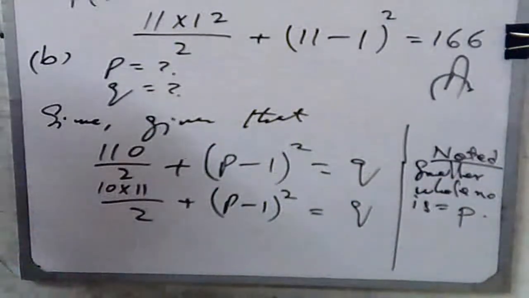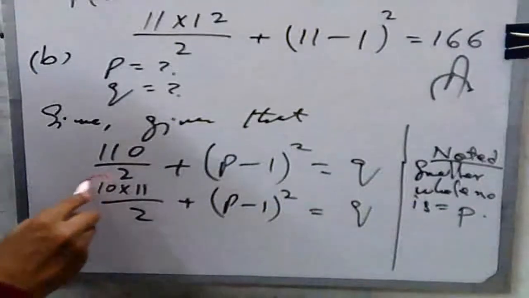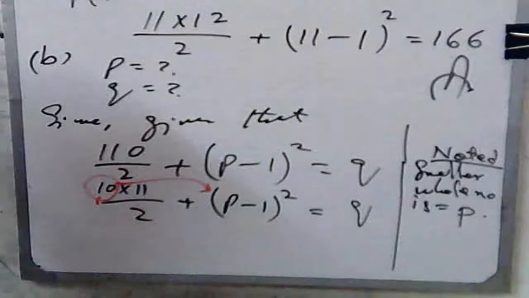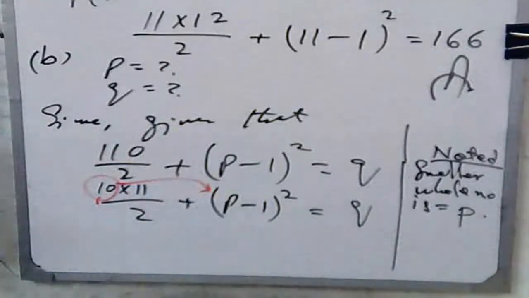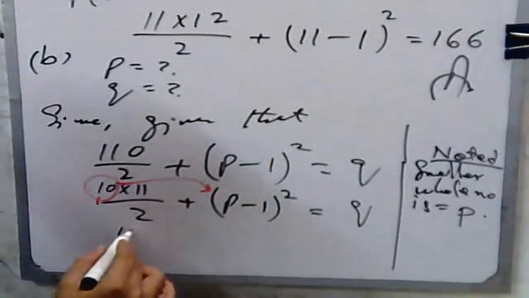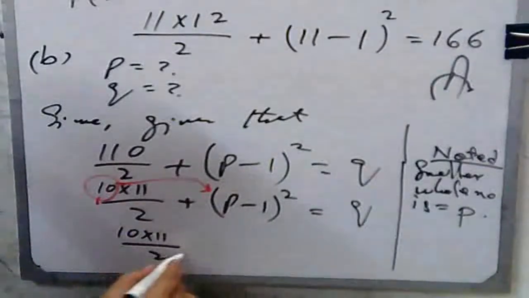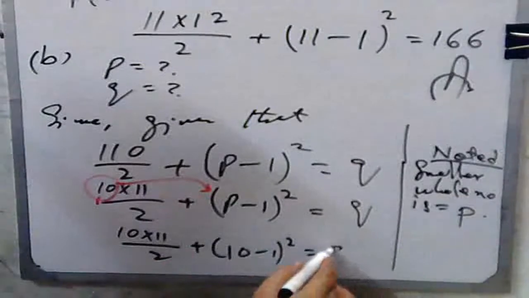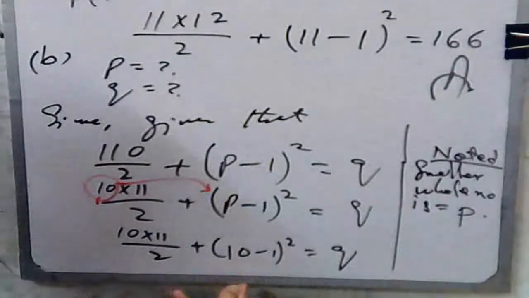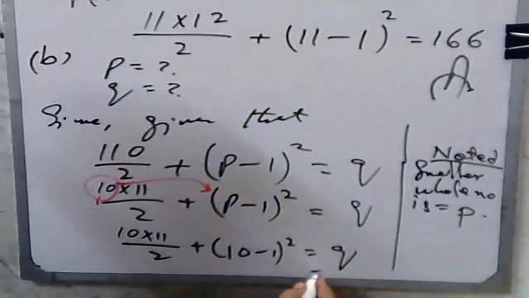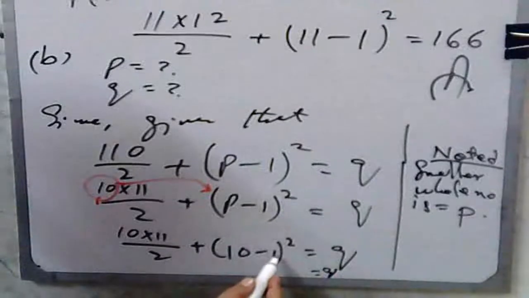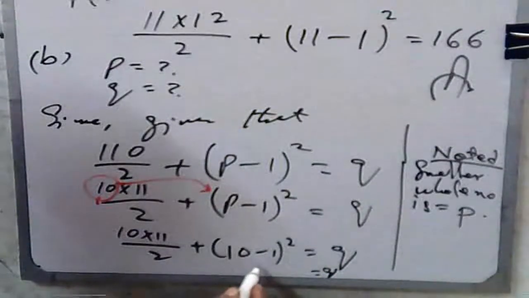So I have to write this 10 here. You will get 10 multiplied by 11 divided by 2 plus 10 minus 1, whole squared. You will get the value of Q. After simplification, what is the value of Q? 10 minus 1 is 9, 9 squared, 9 nines are 81, plus 55.